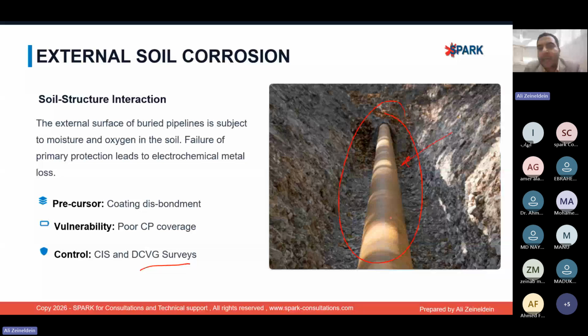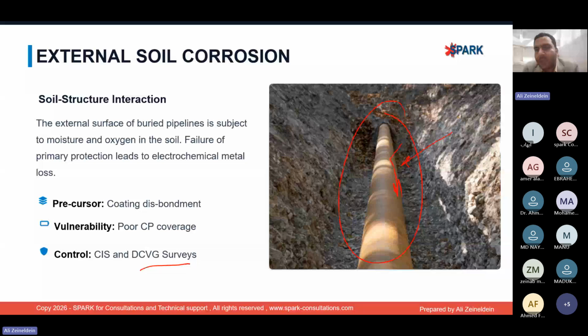This underground pipeline should be coated or wrapped well, and should be monitored from time to time to achieve the cathodic protection coverage. The CP system should be checked periodically to achieve its functionality, to keep the external surface of the pipe without any external corrosion.